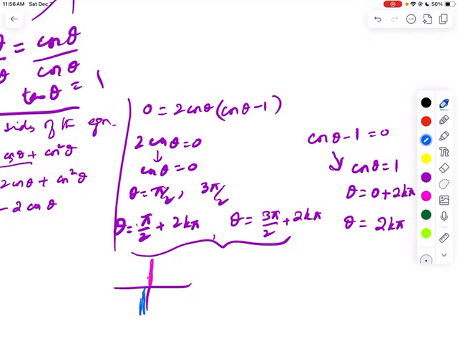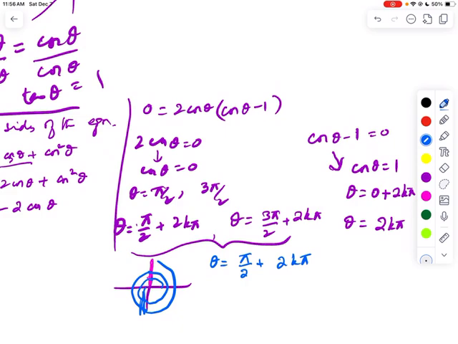So these two can be combined and written as theta is equal to pi over 2 plus k pi. So in other words, it's going like this: pi over 2, 3 pi over 2, 5 pi over 2, 7 pi over 2, 9 pi over 2, and so on.